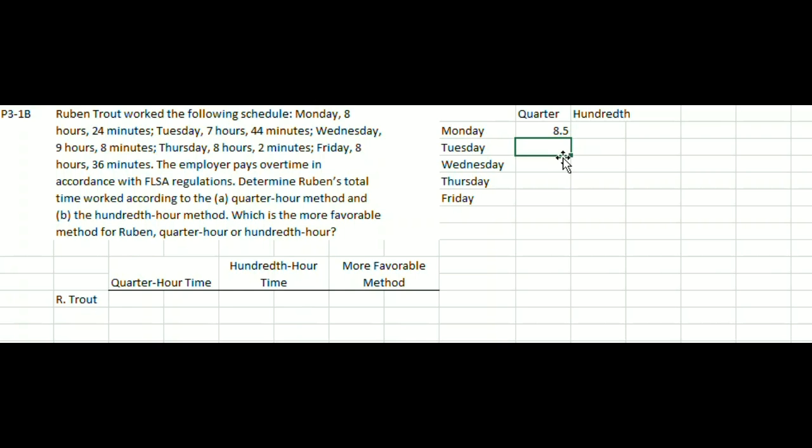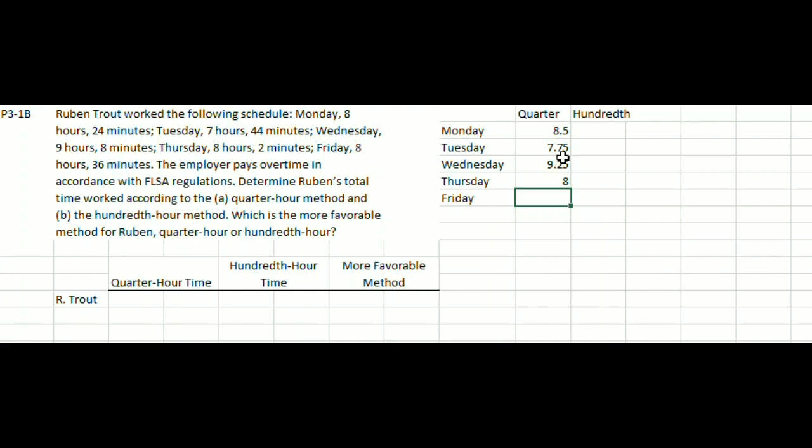On Tuesday, he has worked 7 hours and 44 minutes. That is only 1 minute away from the quarter hour, so that's 7.75. Wednesday, he worked 9 hours and 8 minutes. 8 is closer to 15 than it is to 0, so that is 9.25.